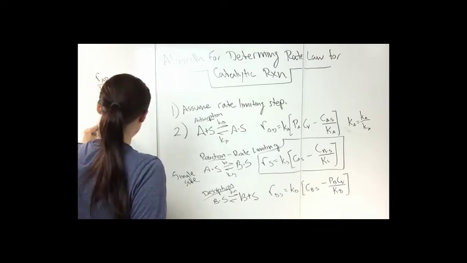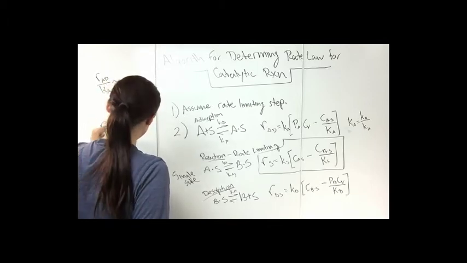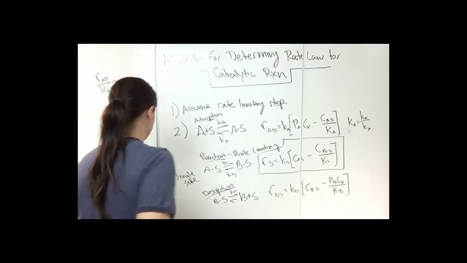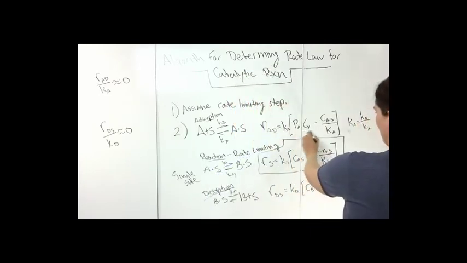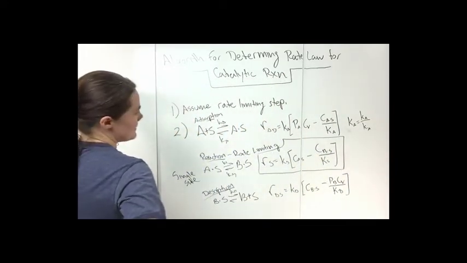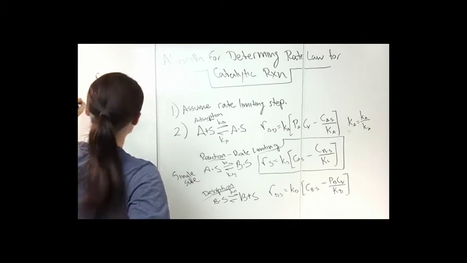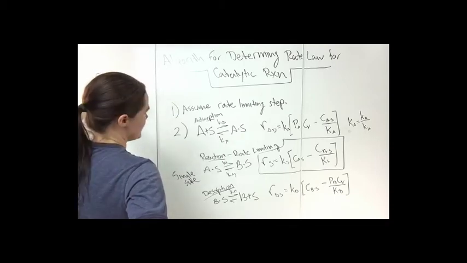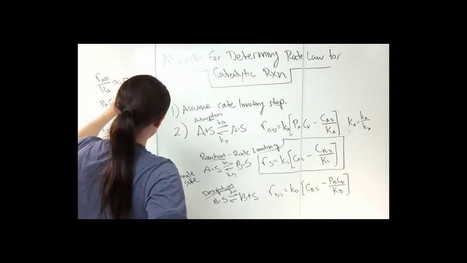And then RDS over KD is approximately 0. And so then when we do that, we can solve for CAS in this equation. So we would have PA CV is equal to CAS KA.